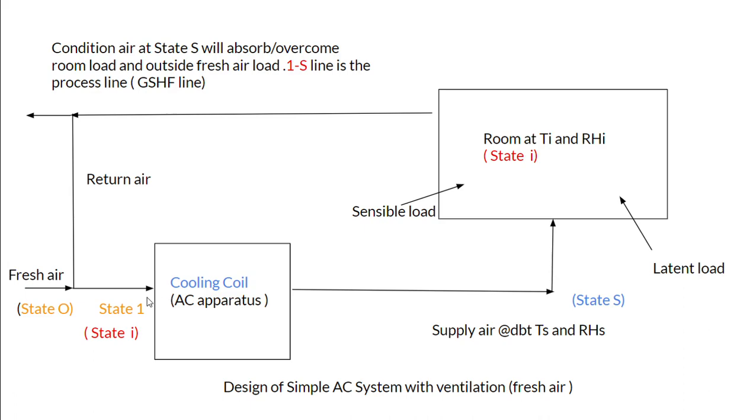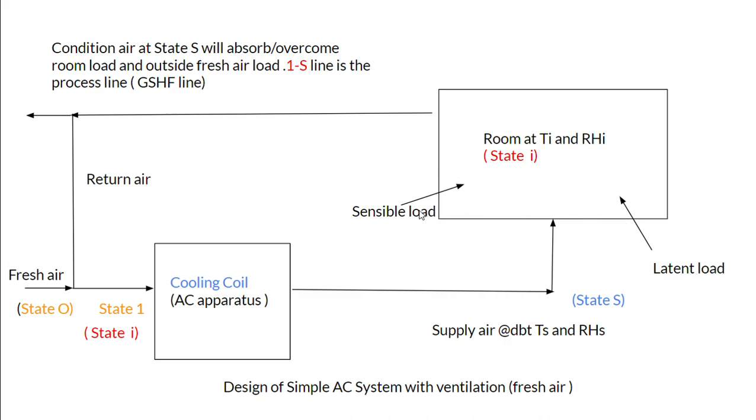The state 1 air would enter the cooling coil, the AC apparatus, and it would get conditioned to the state S. So state 1 would be converted to state S, and this state S is the supply state at which the conditioned air would enter the room, and this conditioned air would overcome the sensible load on the room and the latent load on the room.